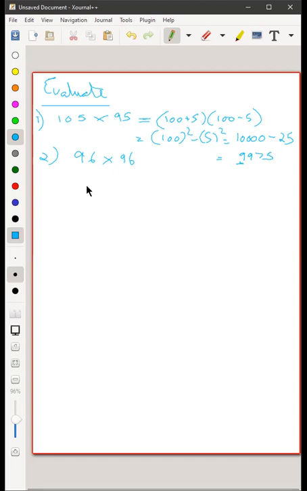100 minus 4 multiplied by 100 minus 4. What is this equal to? This is 100 minus 4 the whole square. Now we have a minus b the whole thing square, the formula.